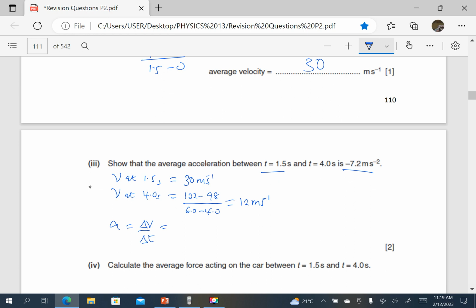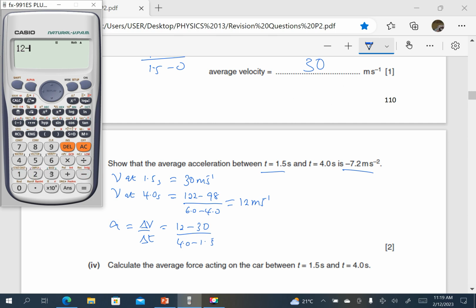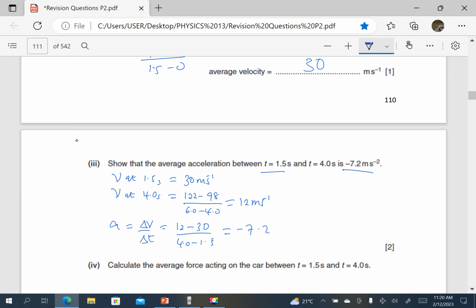So the change in velocity is 12, the final, minus 30, divided by the time between 4 and 1.5. That is 4.0 minus 1.5. 12 minus 30 divided by 4 minus 1.5, which gives us negative 7.2.